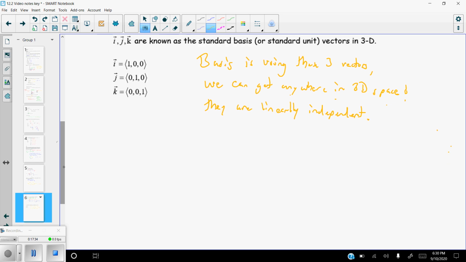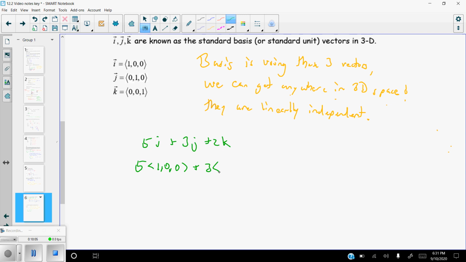If I wanted to get to the point 5, 3, 2 by using a vector, if I want to use I, J, and K, I could do that very easily because I could just say, okay, let's take 5 times I, plus 3 times J, plus 2 times K. Well, I is the unit vector 1, 0, 0, so that's 5 times 1, 0, 0.